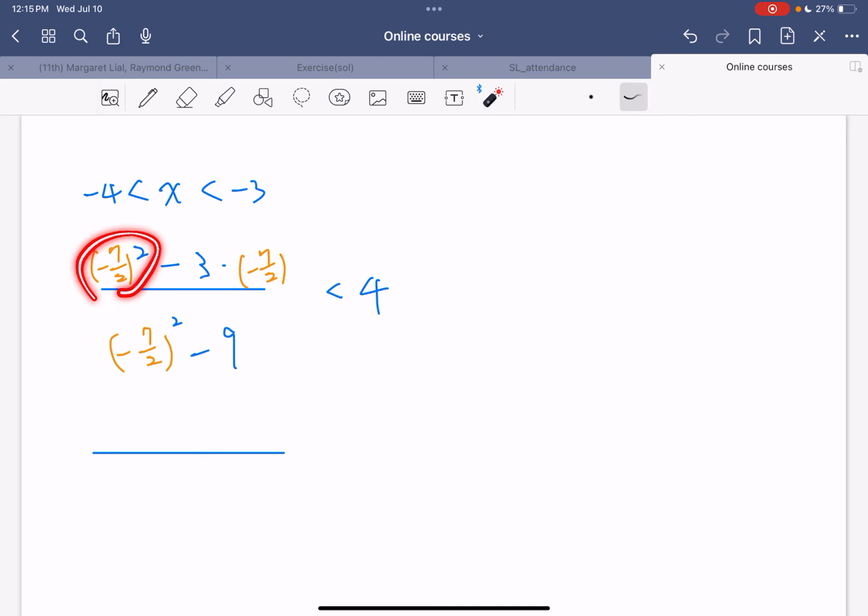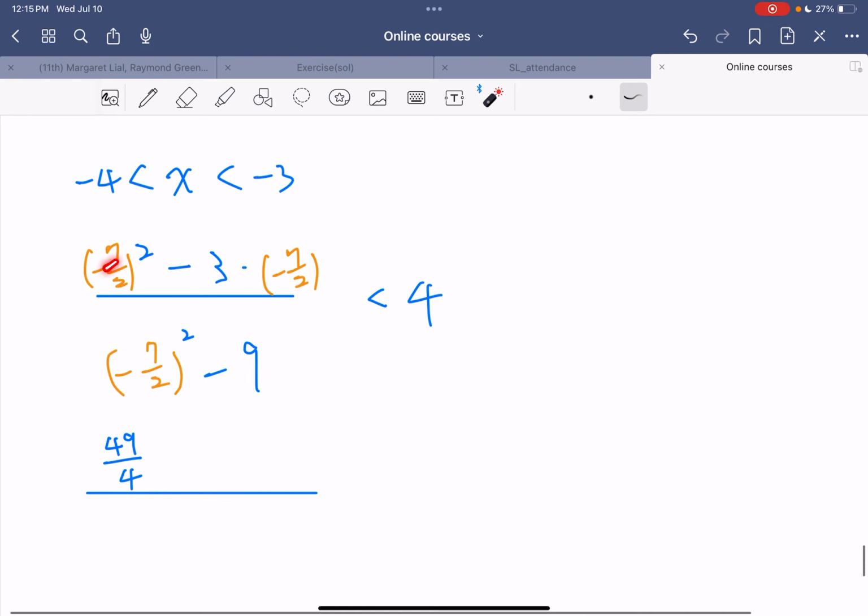This part is 49 over 4 because we squared, then 7 square divided by 2 square. We got this. And then minus 3 times negative.